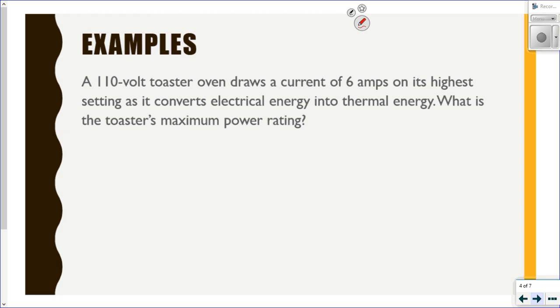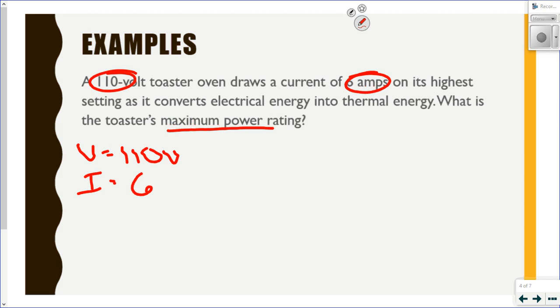So let's try a couple examples. First, we've got a 110-volt toaster oven that's drawing a current of 6 amps on its highest setting, and it converts electrical energy into thermal energy or heat. We want to know the toaster's maximum power rating. So let's talk about what I've got. I've got a voltage source of 110 volts. I know that the current is reading at 6 amps, and I'm looking for the power. Well, I know I'm going to use my power equation.